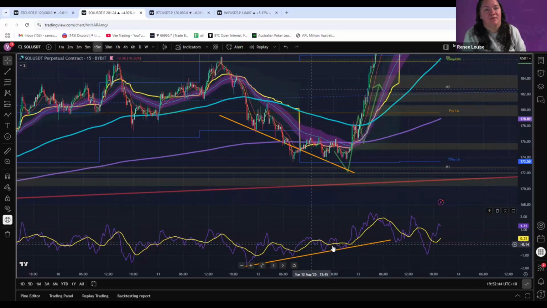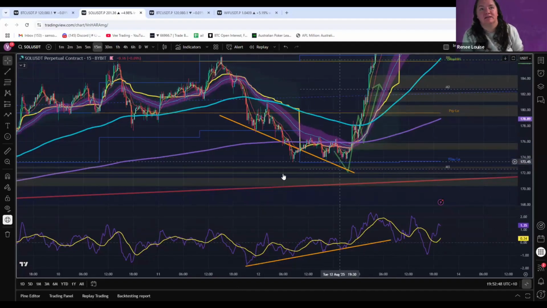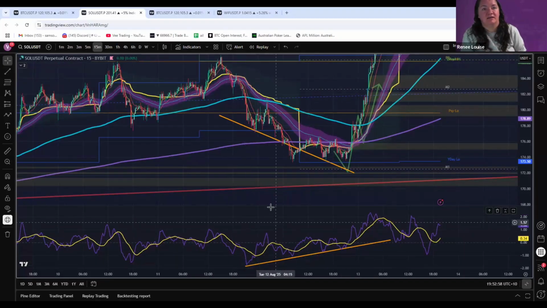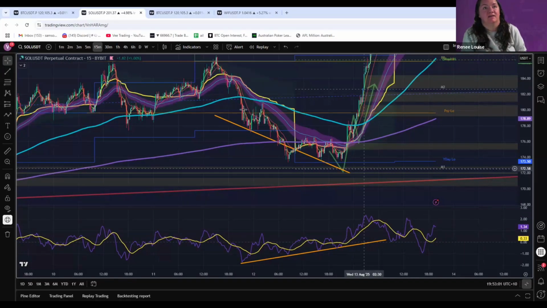The MACD is making higher lows, while the actual price is making lower lows and sideways. So this move is losing momentum. It's showing weakness and turning into an upwards trend. By looking at that indicator, you can see this is losing momentum. There's probably a good chance that at some point it's going to fail.